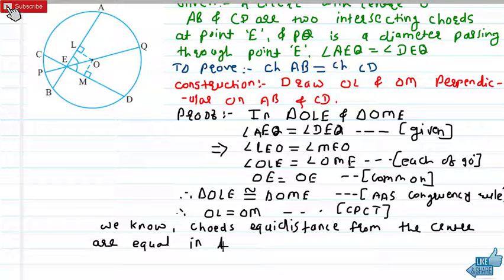Don't worry if you forget one or two words or mismatch a word. Don't worry, the meaning should be correct. So chords equidistant from the center of a circle are equal in length. Therefore, we can say that chord AB is equal to chord CD.